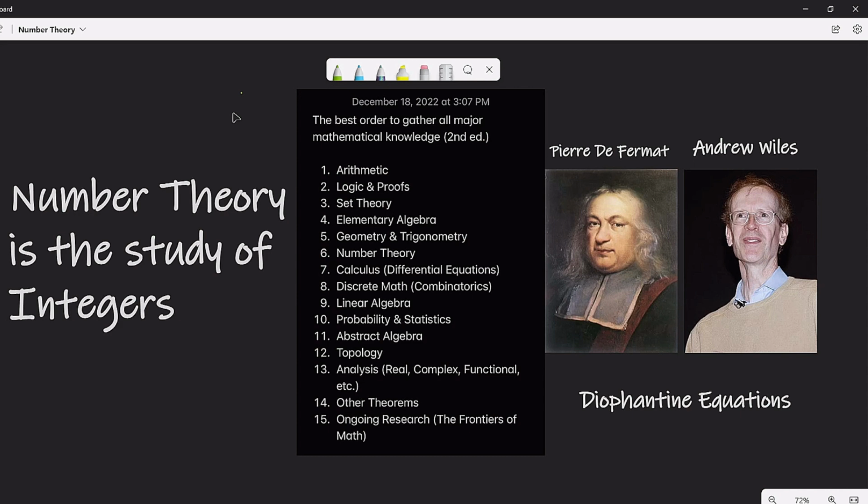I think it is in line with my philosophy that math should be taught much differently, with a focus and emphasis on logic and proofs and not on calculations and computations. Number theory is a fascinating topic, and a lot of the theorems in number theory, while interesting, actually don't have much application at all.